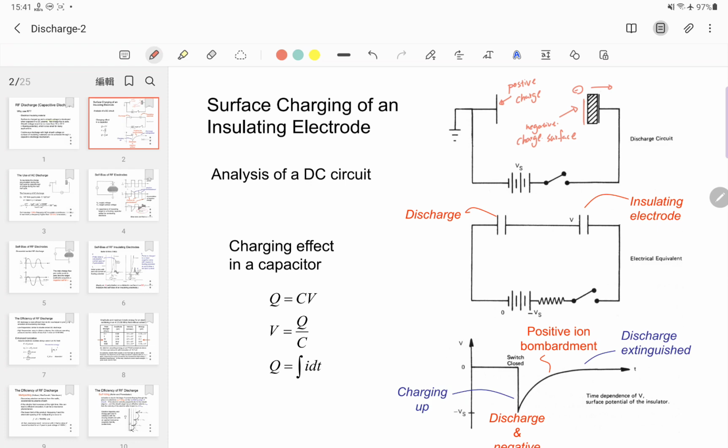And Q equals capacitance times voltage. Q equals CV, or C equals Q divided by V. V is voltage, Q is the amount of charge, and C is the capacitance of this insulating material, with one side a real electrode and another side a virtual electrode.